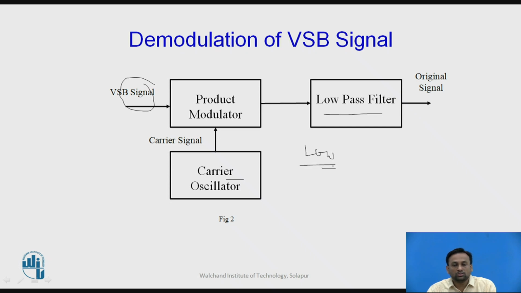So we need to pass only those frequencies and reject all other frequencies. So at the output we require the low pass filter, and you will get the original message signal of the VSB here. These were the techniques used to generate and demodulate a VSB signal here.